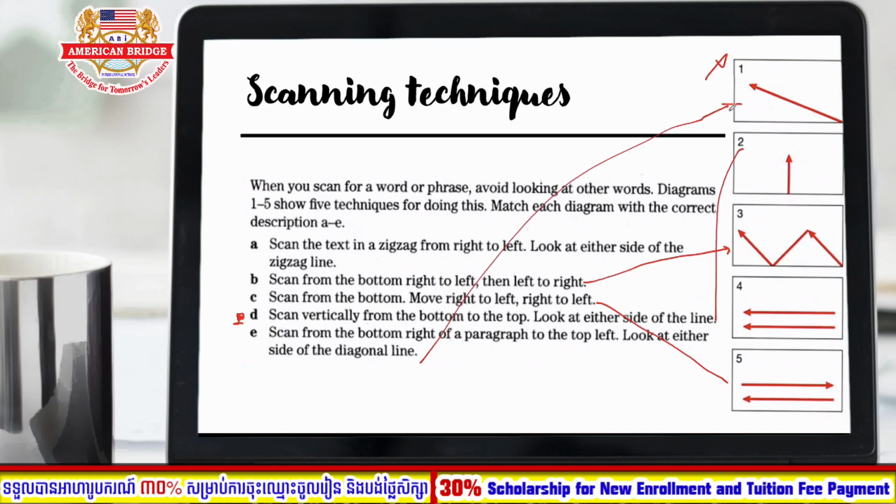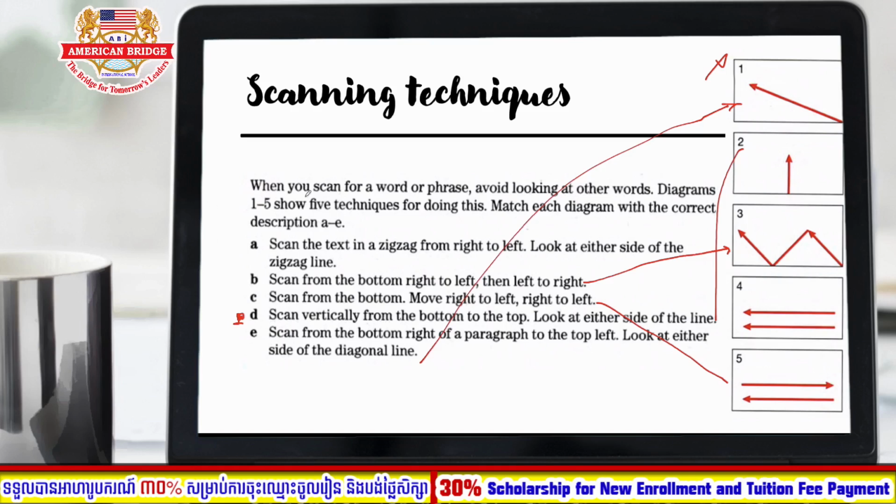The main point I would like you to pay attention to is how or where you start your scanning. It is very easy when you do the scanning. Scan from left to right quickly. Just look at the line quickly, one line at a time, but quickly.